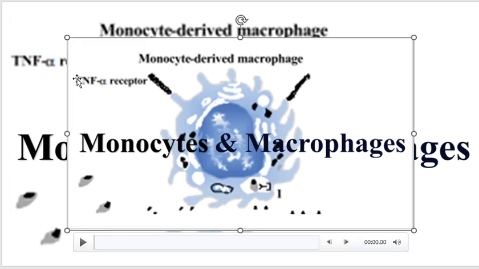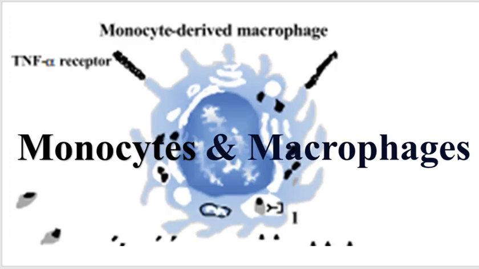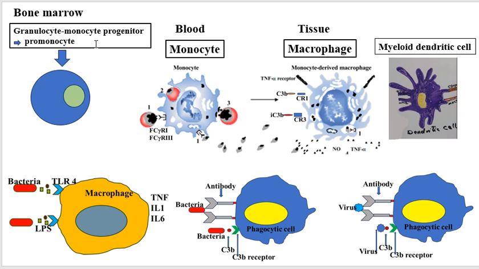Monocytes and macrophages come from bone marrow granulocyte monocyte progenitor, which further differentiates into pro-monocyte, where they leave the bone marrow for the circulation or the blood, and differentiate into monocytes. In a couple of hours, maybe 8 hours or more, they differentiate.